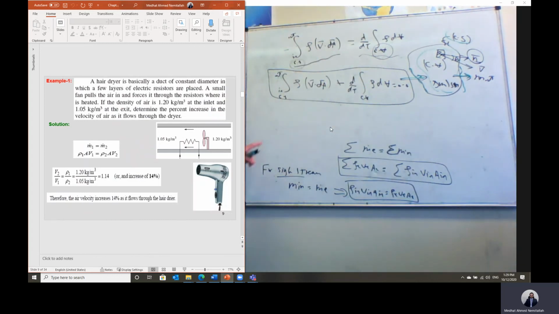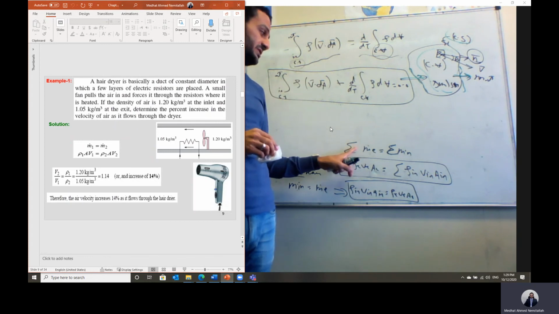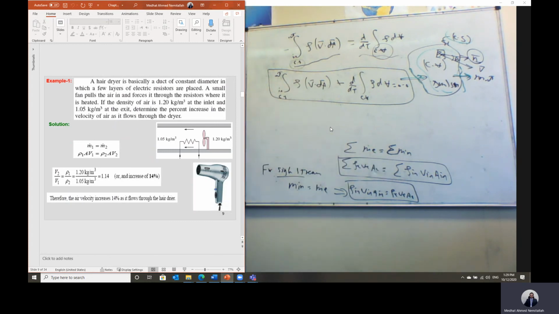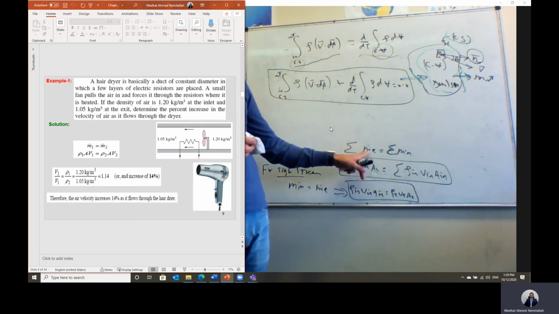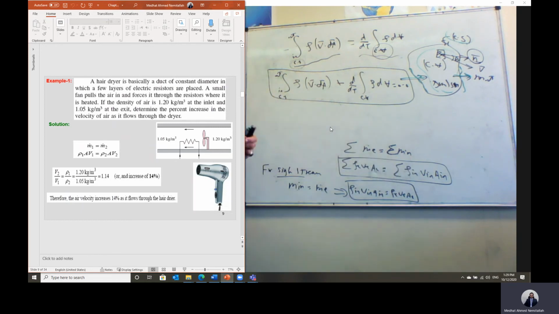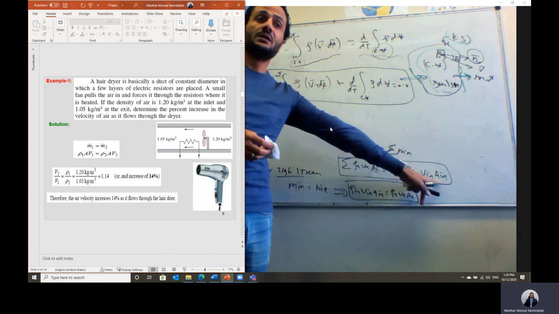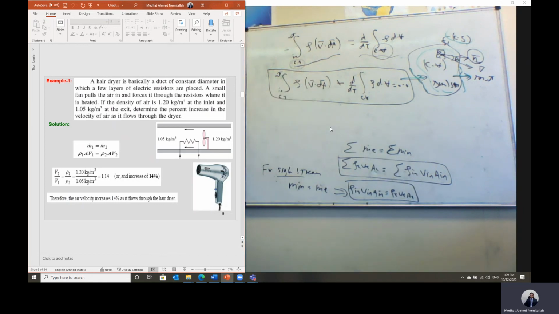So guys, for a steady flow, and this is the main subject of this chapter, the mass equation, either from the integral or differential form, will be reduced to the summation of mass flow rate outlet being the same as the summation of mass flow rate inlet. Or we can say the summation of density by area by velocity at the exit section is the same as at the inlet section.